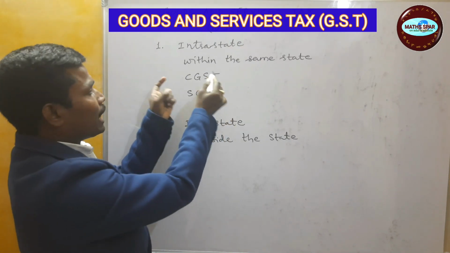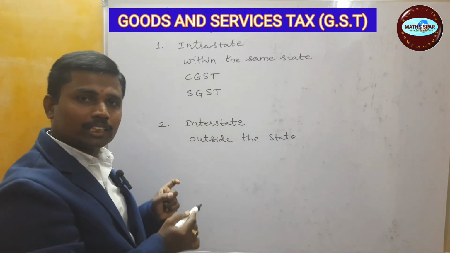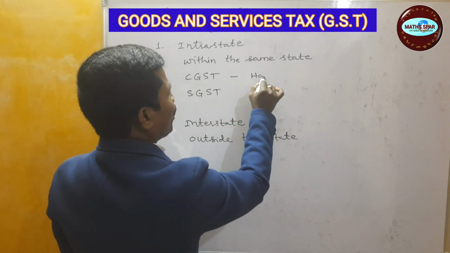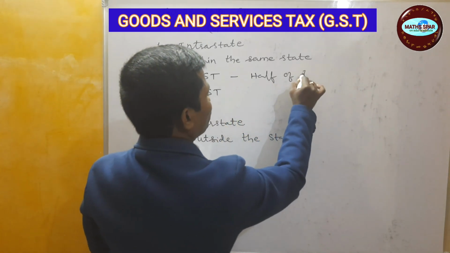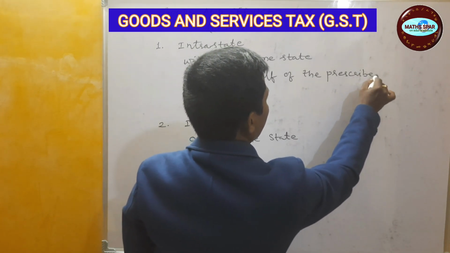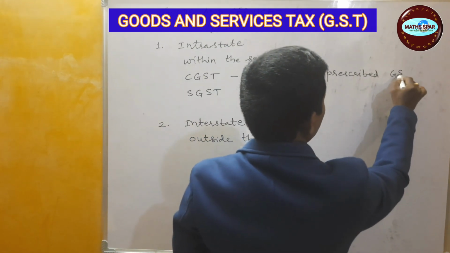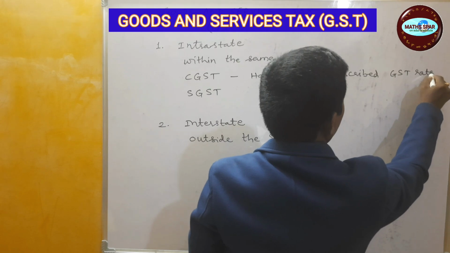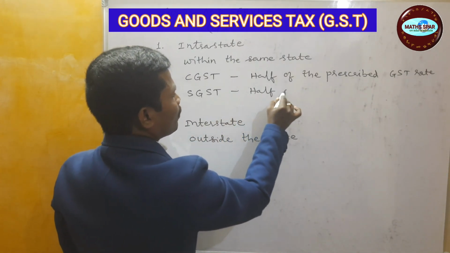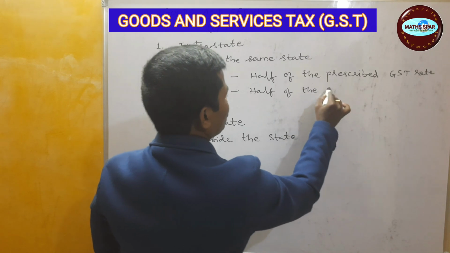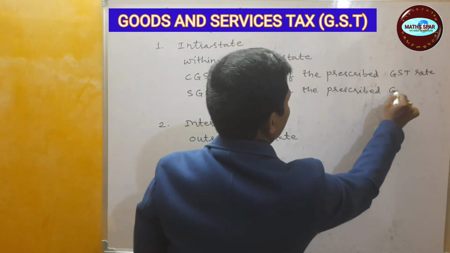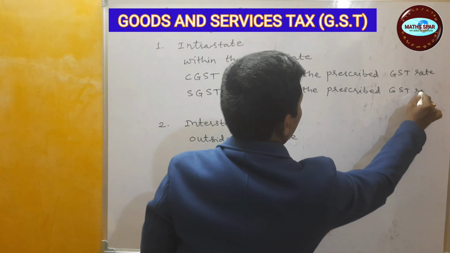How do we collect this CGST and SGST? CGST is at half of the prescribed GST rate, and SGST is also half of the prescribed GST rate.